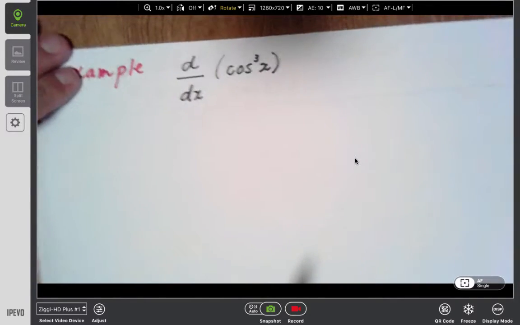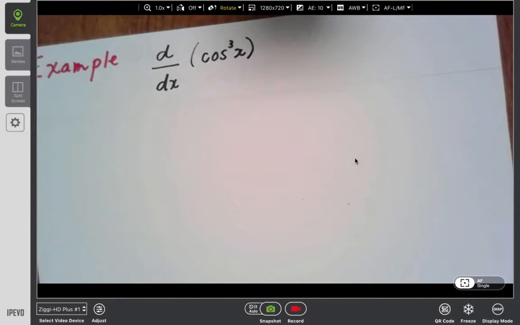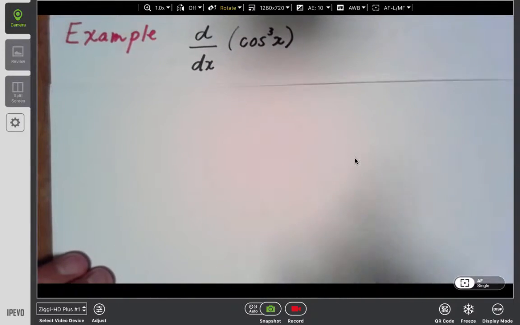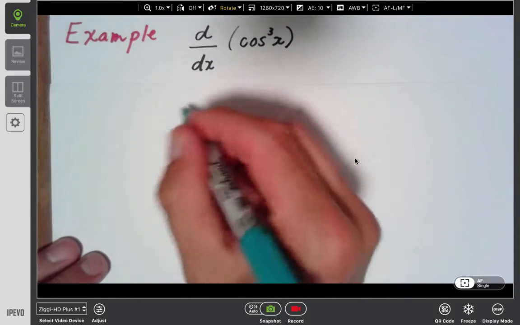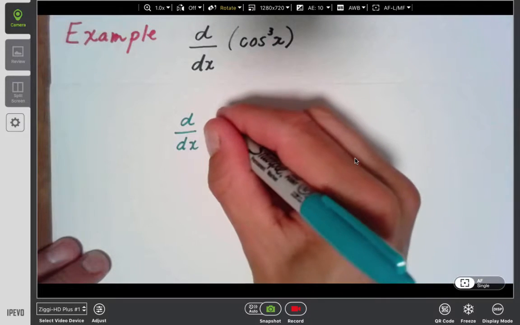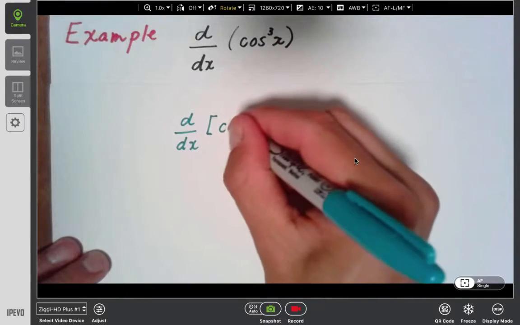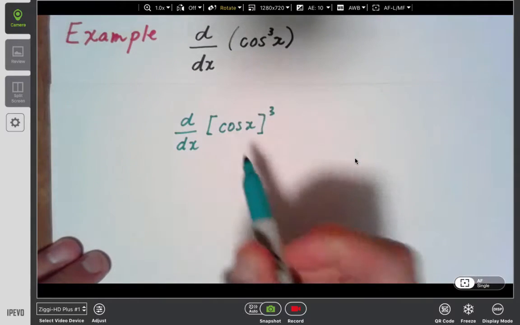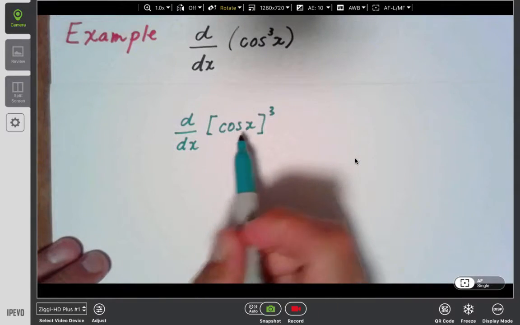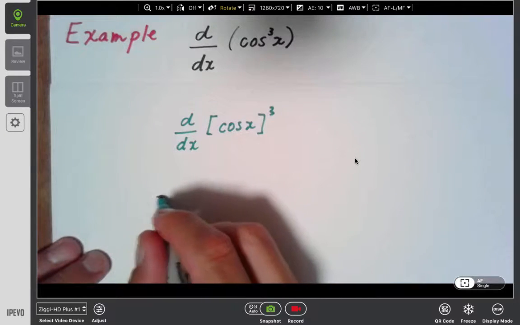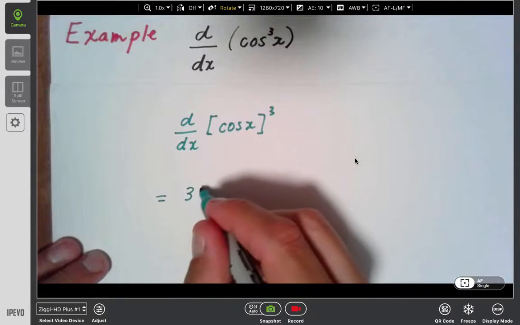Okay, here's our second example, the derivative of cosine cubed x. This one's not bad either. What really is happening here is, let's rewrite this as d/dx of cosine x, cubed. So it's going to be a power rule. The inside function is cosine x, the outside is a cubic. The derivative would be 3 times the inside.